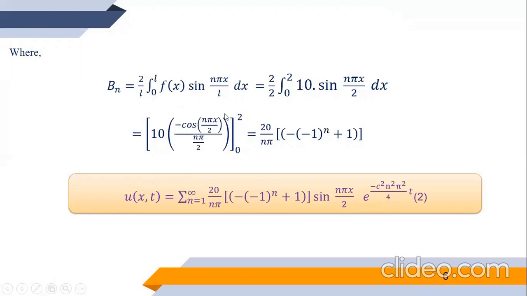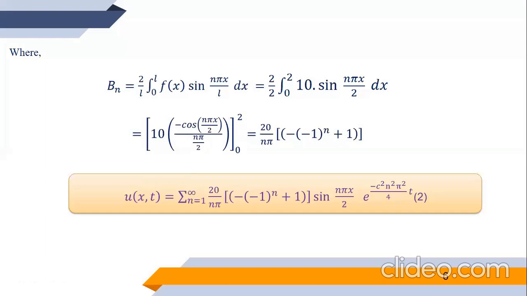So 10 and the integration of sine(n pi x by 2) is nothing but minus cos(n pi x by 2) divided by n pi by 2. Here the integration limit is 0 to 2.